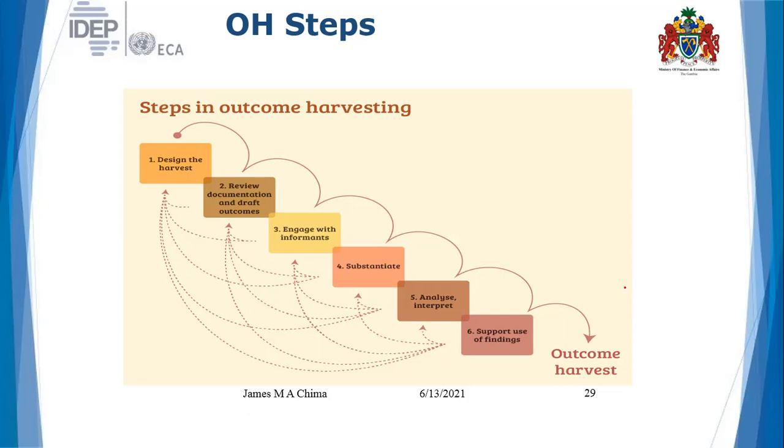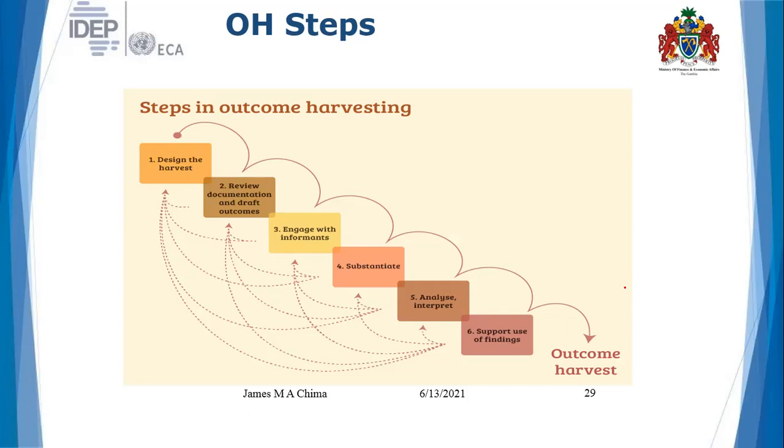As we have said before, impact evaluations are time and resource intensive. Therefore, they should only be undertaken when we can use the evidence that have been generated through them.